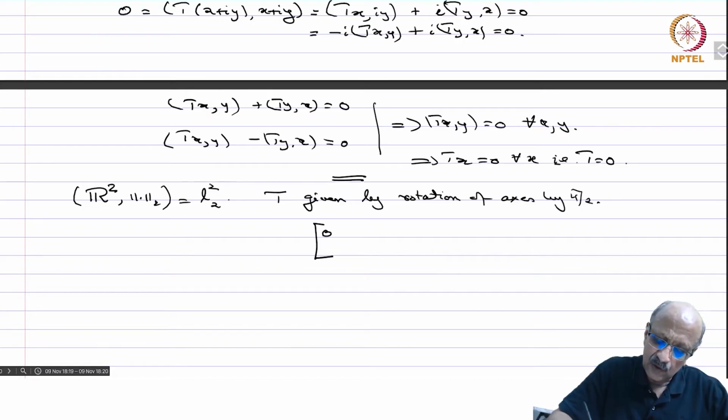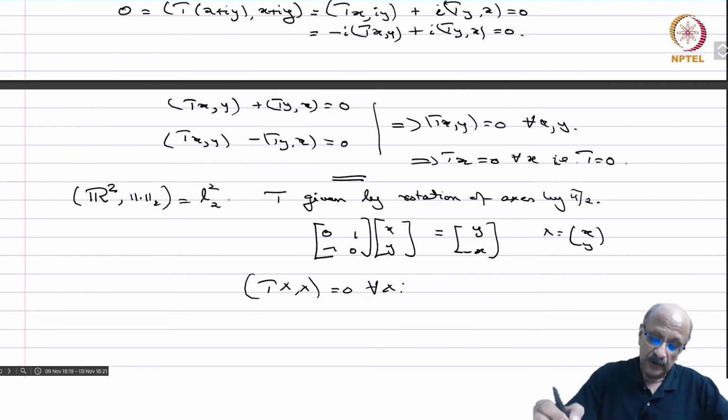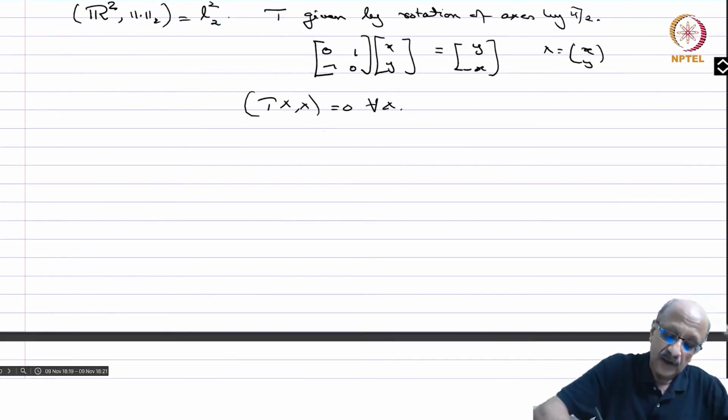The matrix of T is 0, 1, minus 1, 0. And then if you take (x, y), you get (y, minus x), and therefore <Tx, x> is 0 for all x, okay, and then T is not 0 at all. So it's the presence of the i which makes a difference there, and therefore that's important.